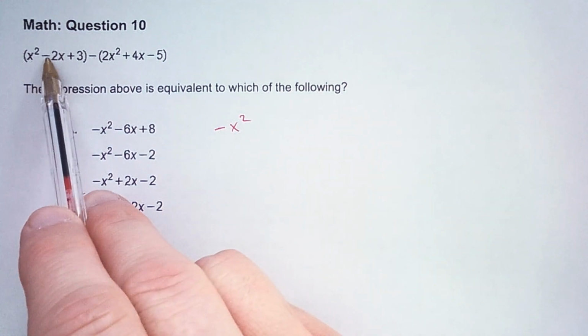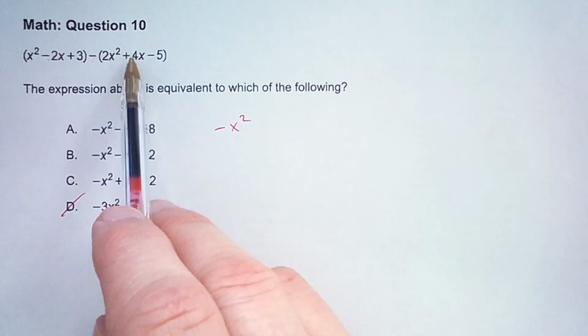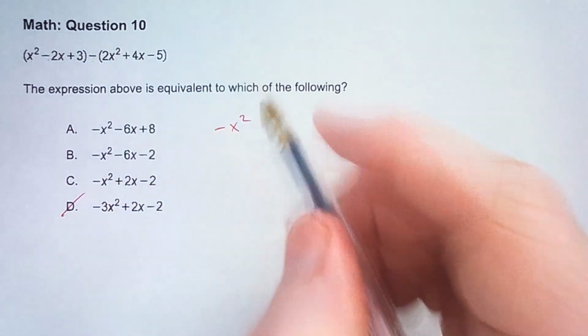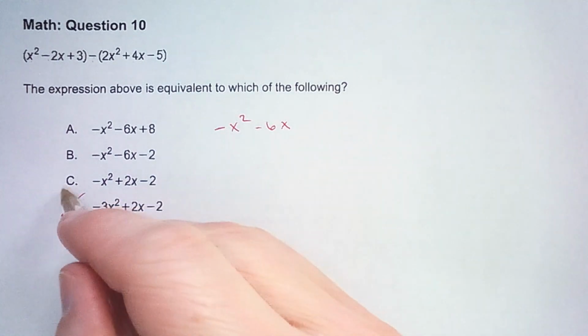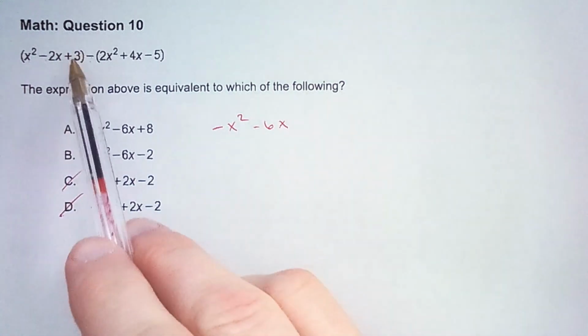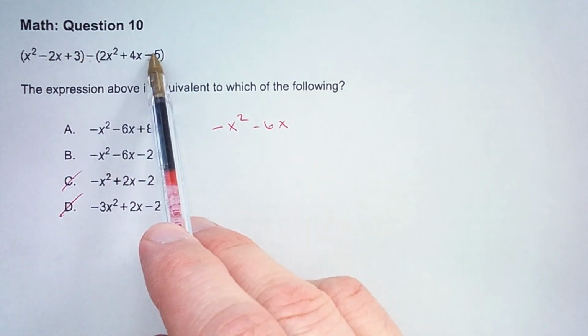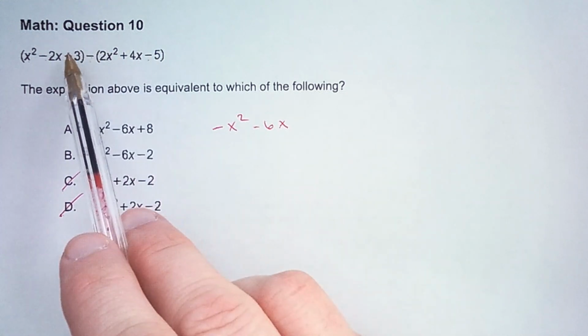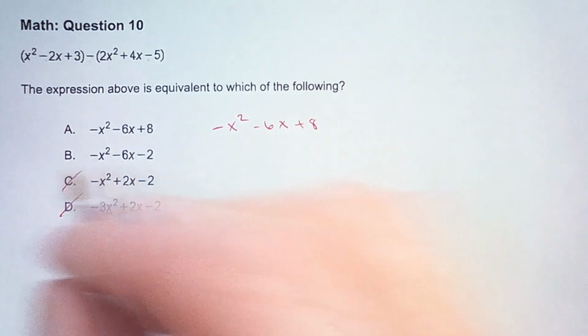Okay, then I have negative 2x minus 4x. Negative 2 minus 4 is negative 6, so minus 6x, which eliminates C. And then we have 3 minus negative 5. A minus negative means plus. Okay, so we have 3 plus 5, which is 8.